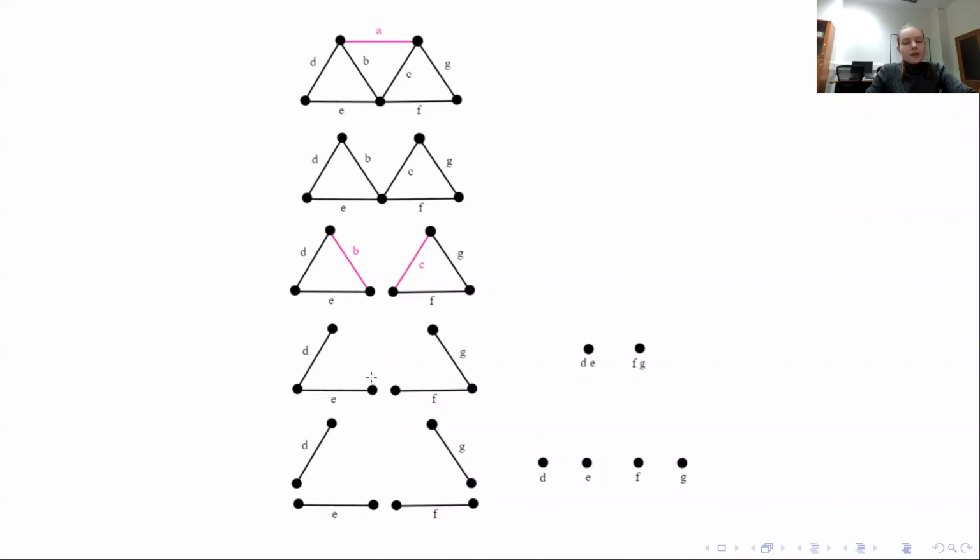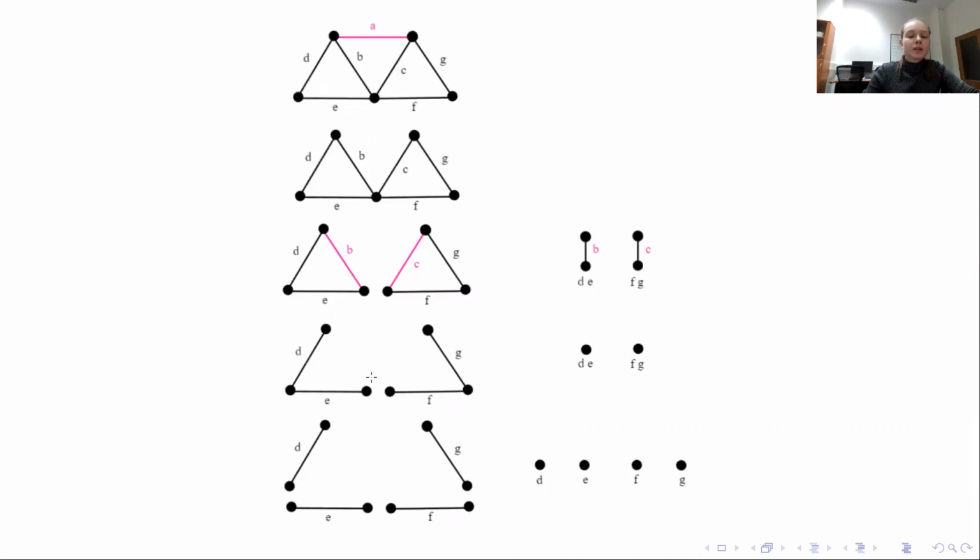In the third step, I was deleting the edges, so that was the third line in the definition. I take the decompositions of the components, create a new root, attach it to the decompositions, and moreover label the edges by the deleted elements, B and C. In the fourth step, again I take the decompositions for these components, these small trees, and I identify their roots together.